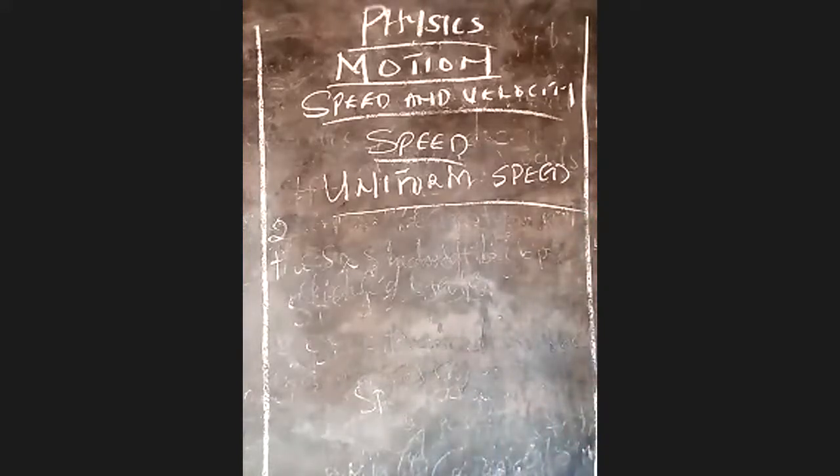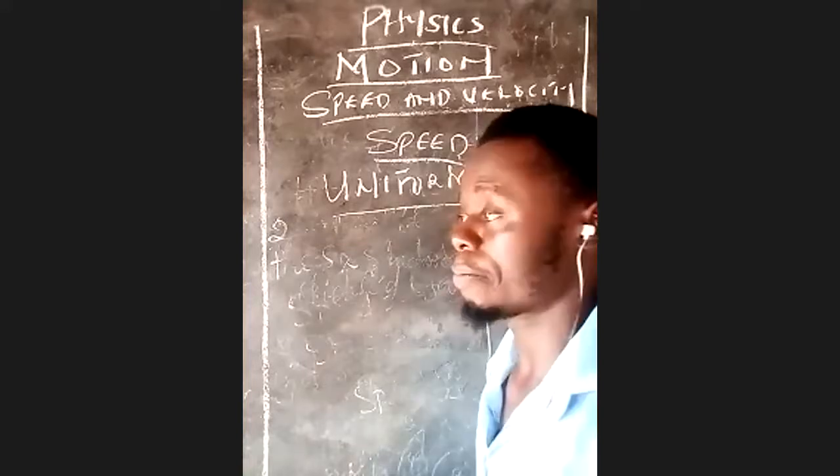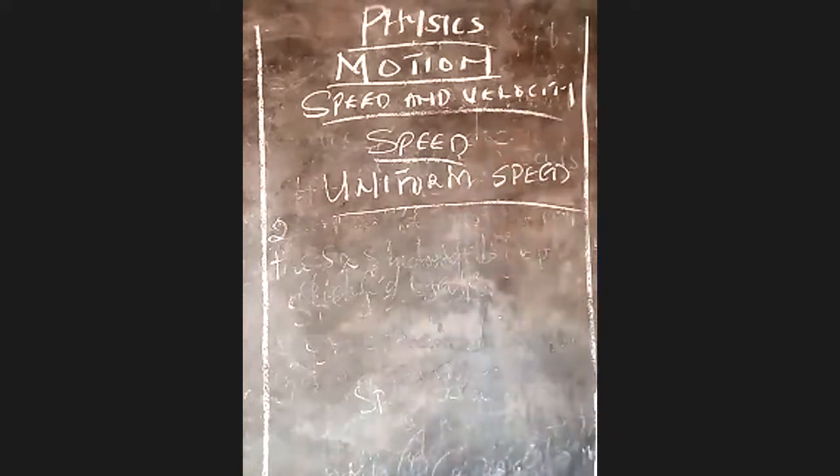Let me come again so you can understand. When the body covers equal distances in equal time intervals, no matter how small the time interval may be, the speed is said to be a uniform speed, or constant speed.